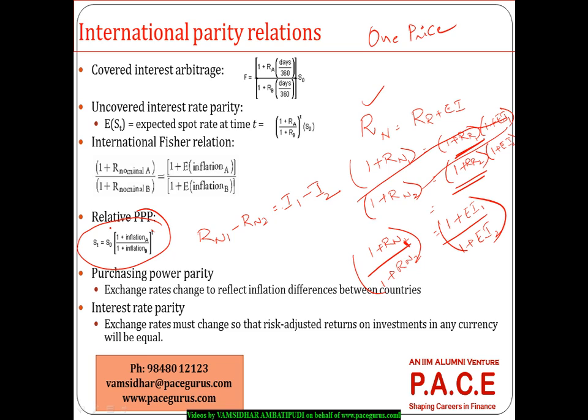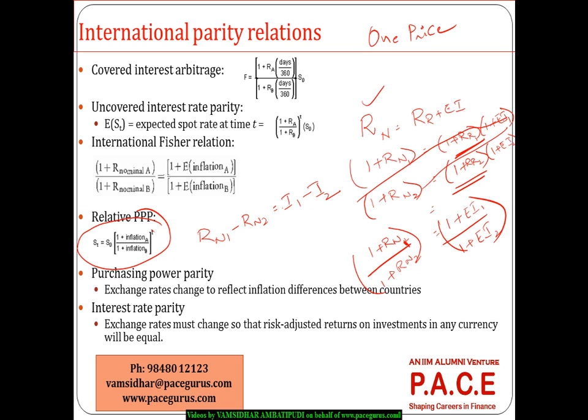I can simply take it as the current spot exchange rate multiplied by 1 plus inflation in country A divided by 1 plus inflation in country B. And that is what has been mentioned even as a part of our interest rate parity relationship, where whatever changes in the exchange rate come should be reflected in such a way that the risk adjusted returns in any currency will be equal itself, right?